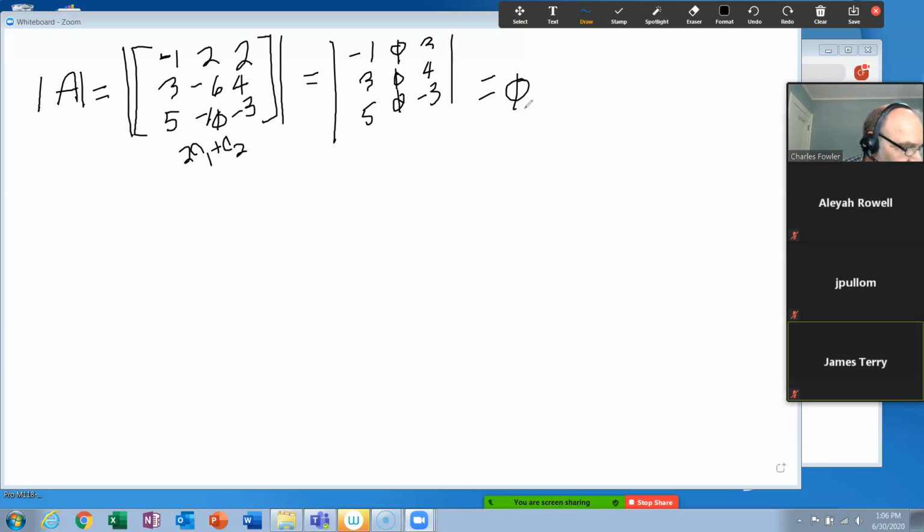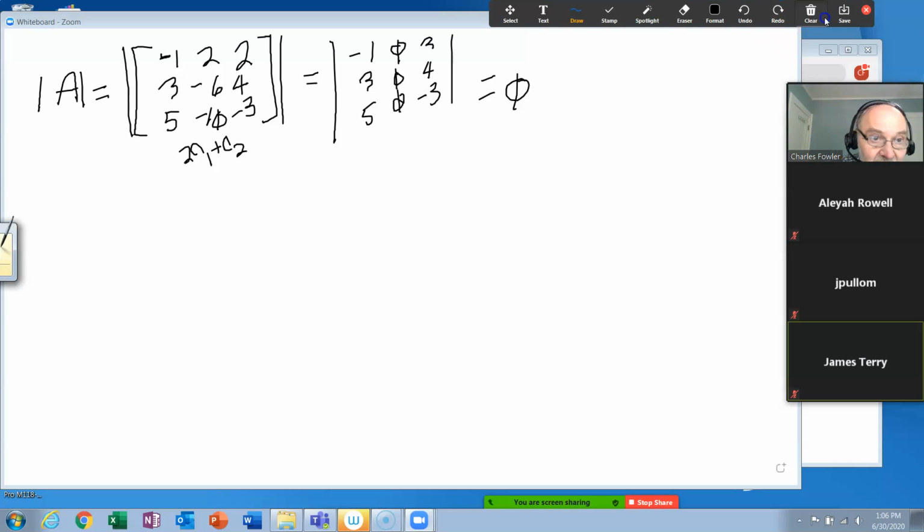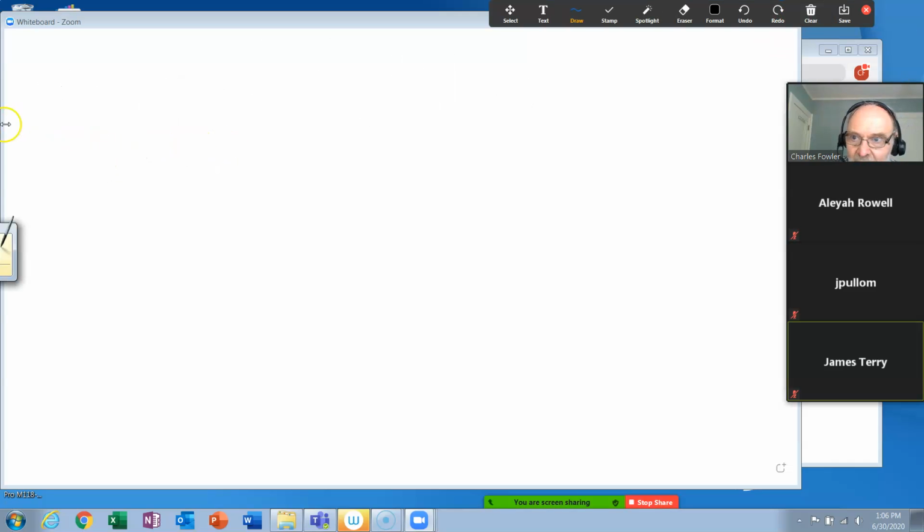Here is matrix A. I think I'm going to clear this for now. Go back here and do matrix A. Here's A equal to good old 3 by 3. 1, 4, 1, 2, negative 1, 0, and 0, 18, 4.